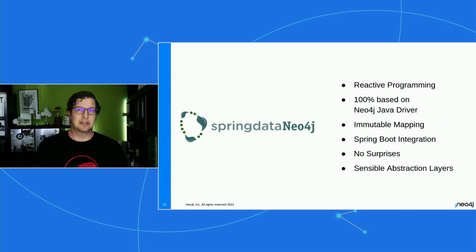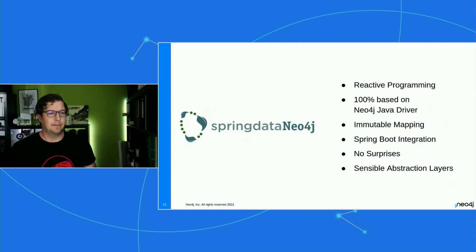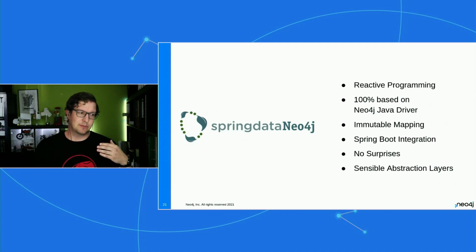It gives you the benefit of having a really fast mapping library in the end. There's now, like it was before with SDN5, a cleaner separation, but still a good Spring Boot integration. So a cleaner separation between the Java driver configuration, as you have seen it in the slides before, and the Spring Boot integration just for Spring Data Neo4j.